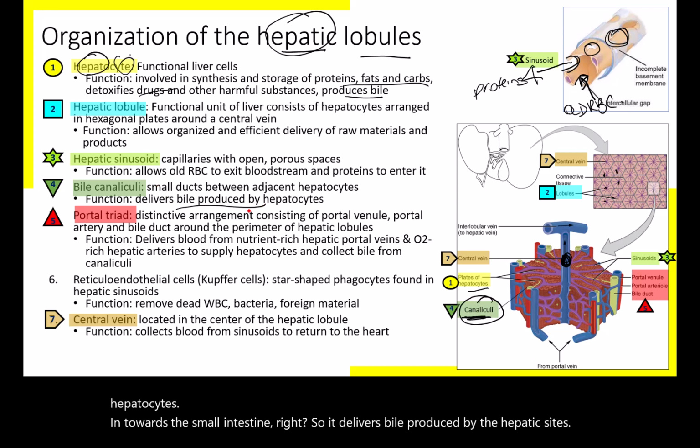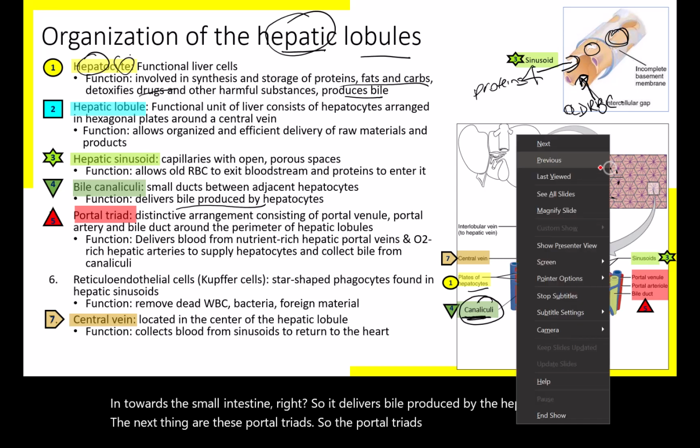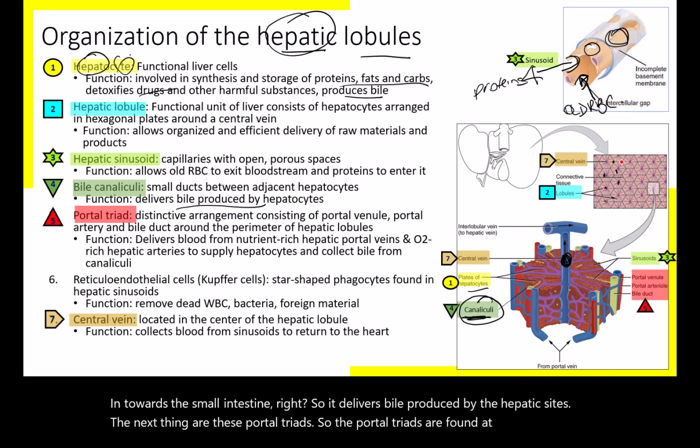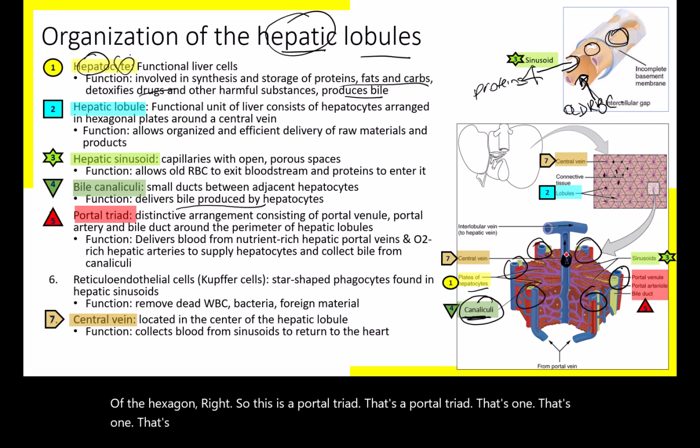The next thing are these portal triads. The portal triads are found at each end of the hexagon. Right? So this is a portal triad, that's a portal triad, that's one, that's one, that's one. So at each end of the six-sided hexagon, we've got the portal triad.